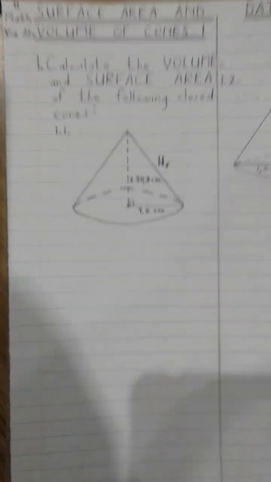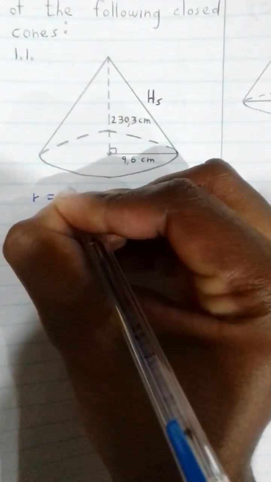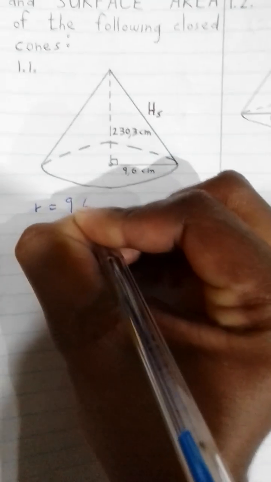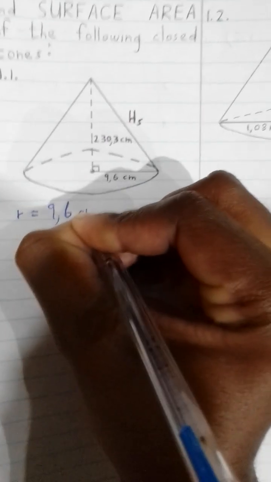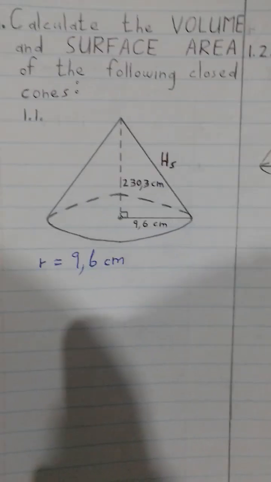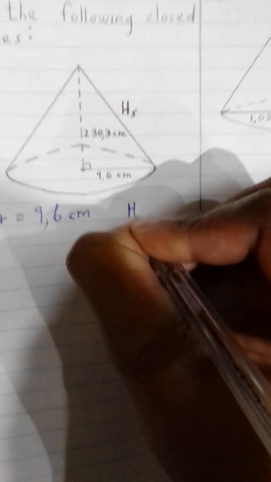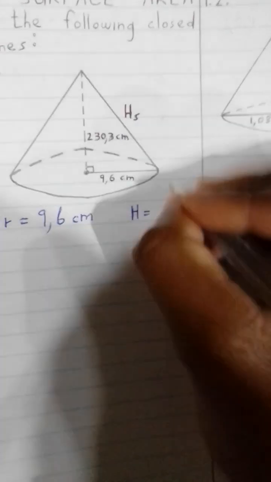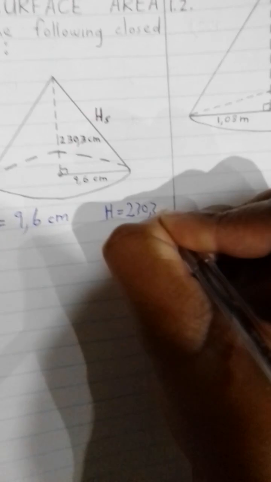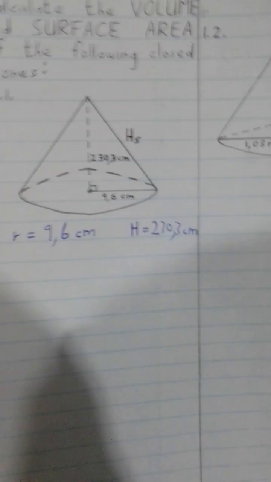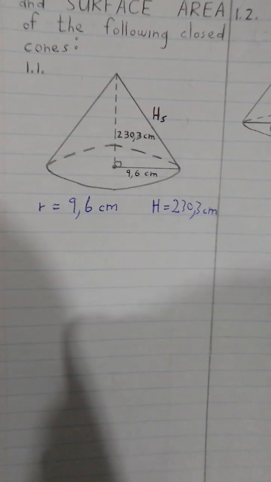So as we can see, the radius is 9.6 centimeters. The perpendicular vertical height is 230.3 centimeters. Okay, I hope that's clear enough.